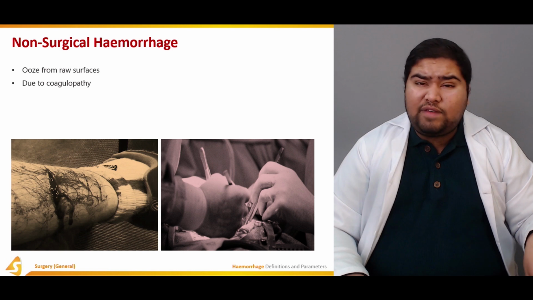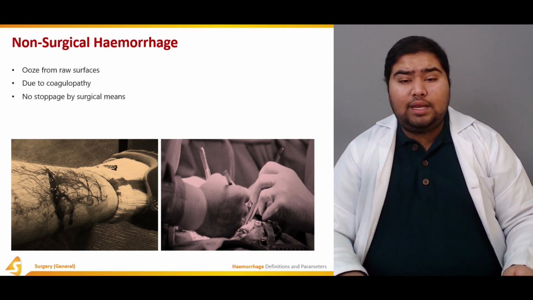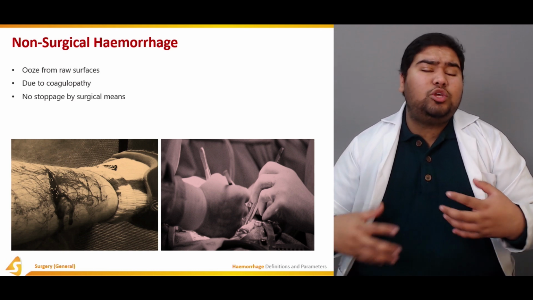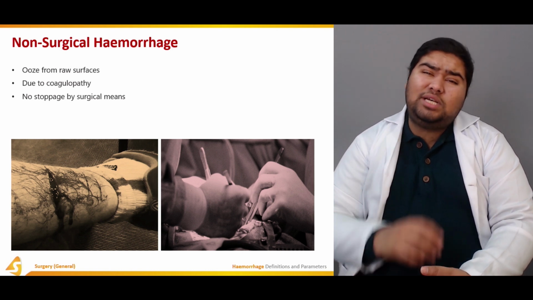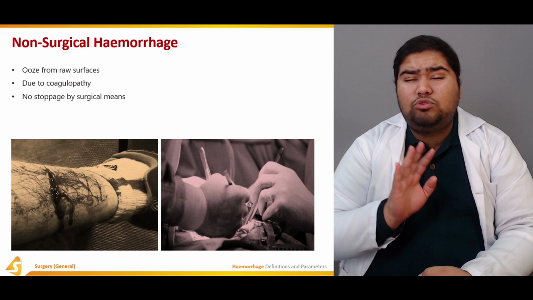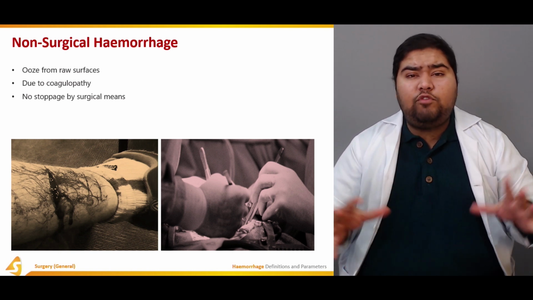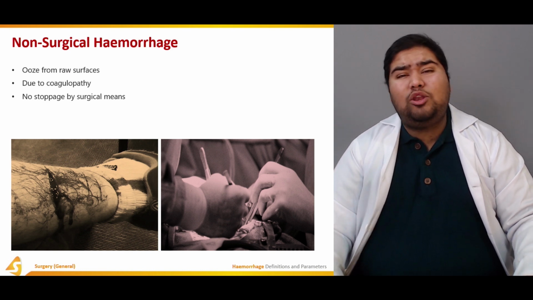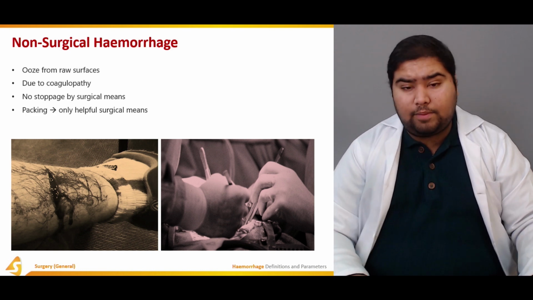All the clotting factors have been consumed, and hence the bleeding is occurring. There's no stoppage by surgical means. So you cannot apply pressure, you cannot tie a ligature. Surgical means cannot be used to stop these hemorrhages, because it is coming from a generalized area, and from that generalized area you cannot apply pressure on the entirety of the body.